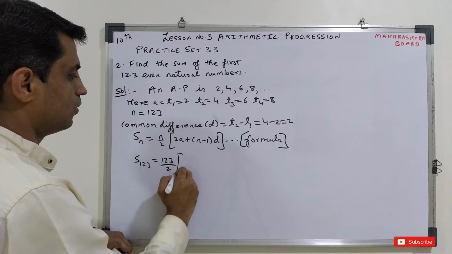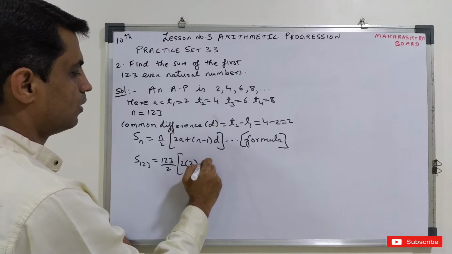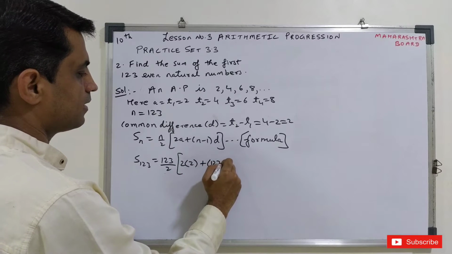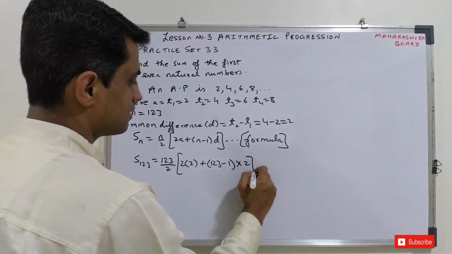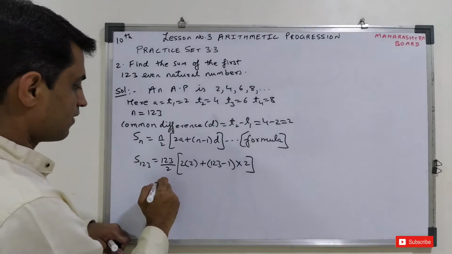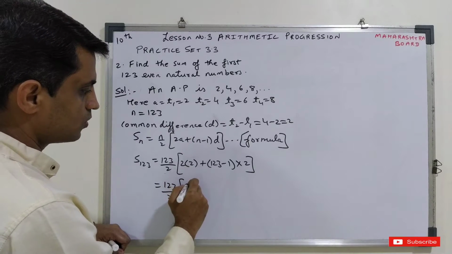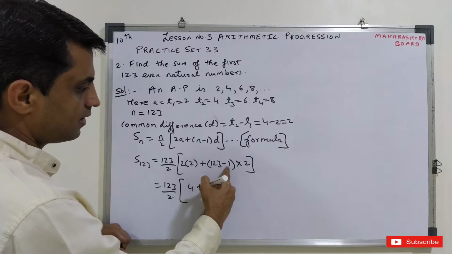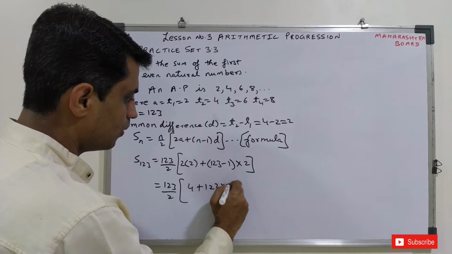123 upon 2 into 2 into a. What is our a? 2. Plus 123 minus 1 into d. What is the common difference? 2. So what will we get here? 123 upon 2, 2 twos are 4, 123 minus 1 is 122 into 2.